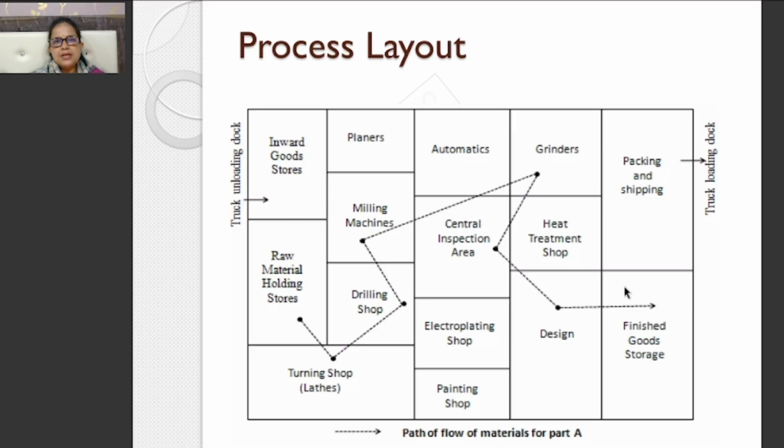In a product layout, the layout is meant to produce only a single type of product. When we go for mass production, we use the product layout. We produce and keep it in the store so that we can meet the demand of the customer.